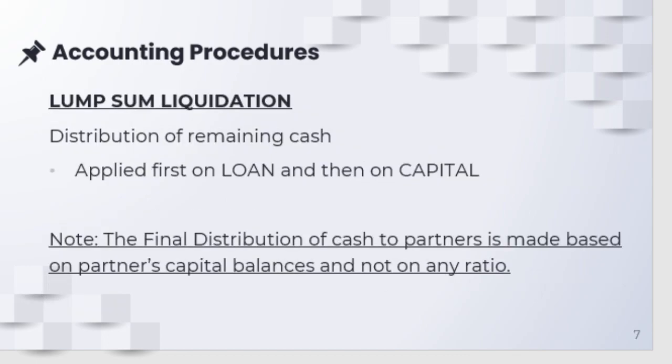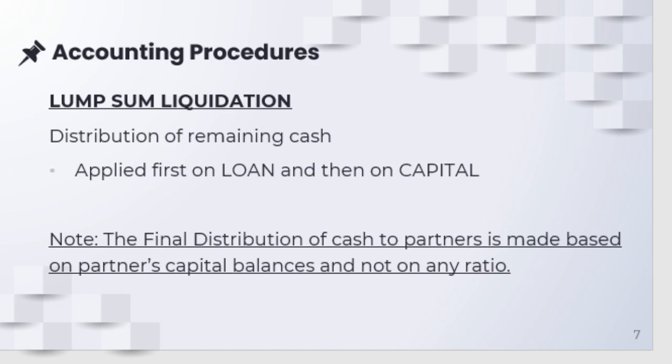So, after ng pagbayad ng utang, dito pala sa distribution of remaining cash, yung cash is applied first on loan. Ibig sabihin itong loan, liabilities of the partnership to the partners, and then on capital. So, ganyan yung pag-distribute ng cash.